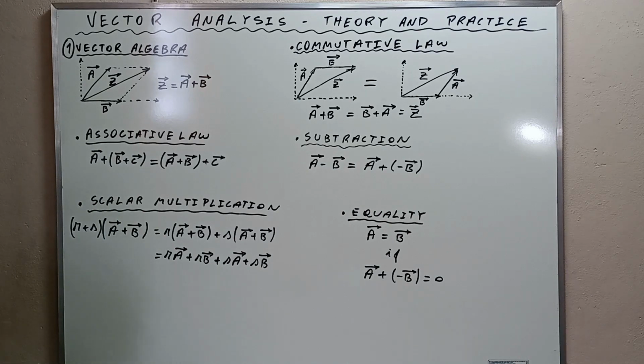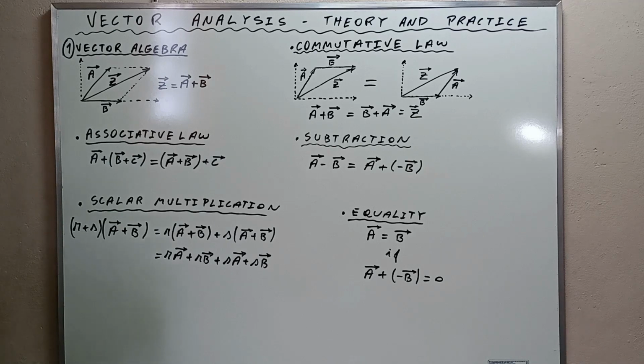Now, scalar multiplication. When a vector is multiplied by a scalar, its magnitude changes, but its direction does not when the scalar is positive.